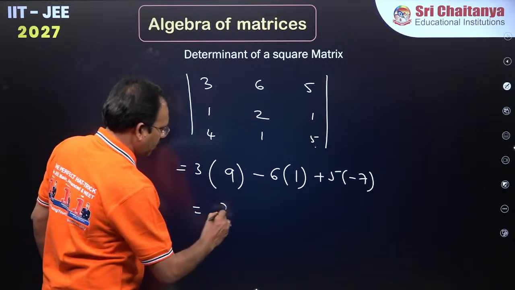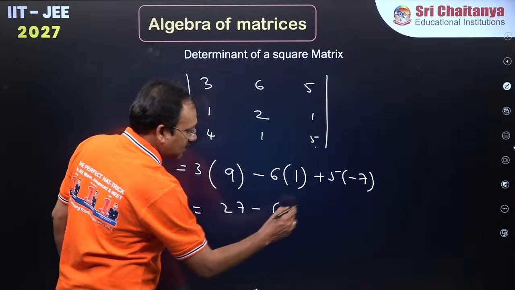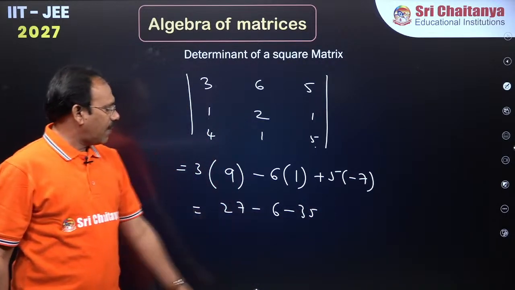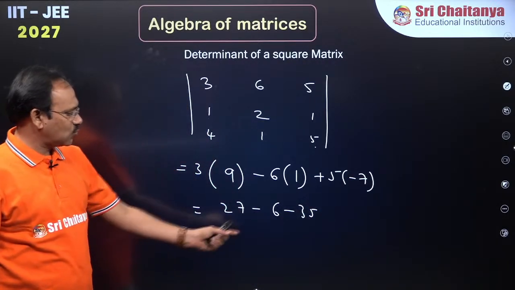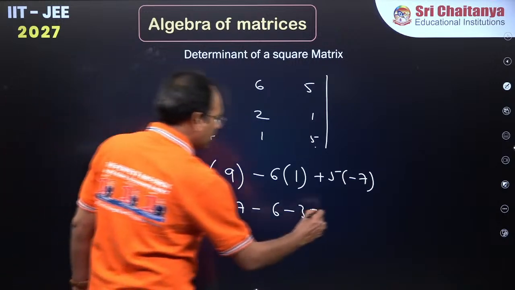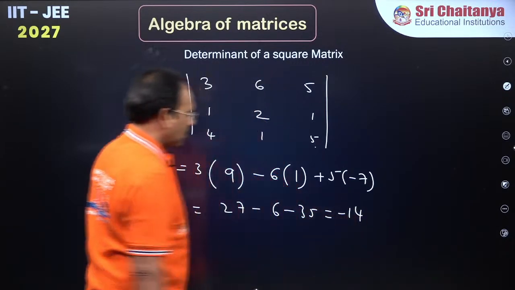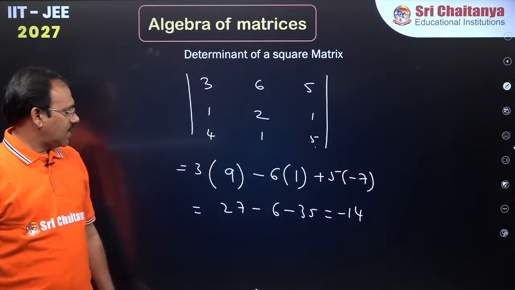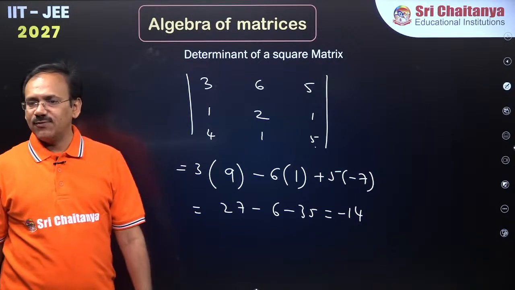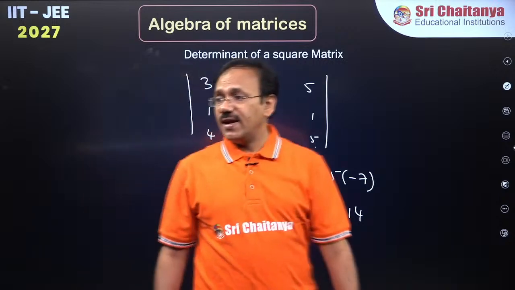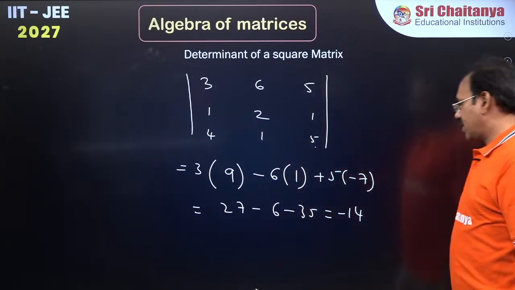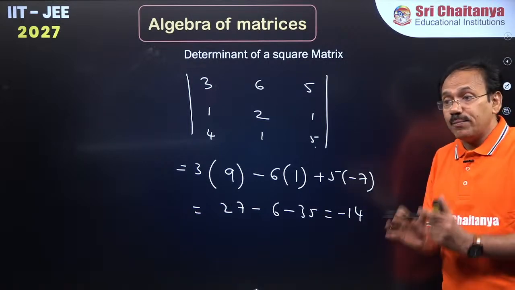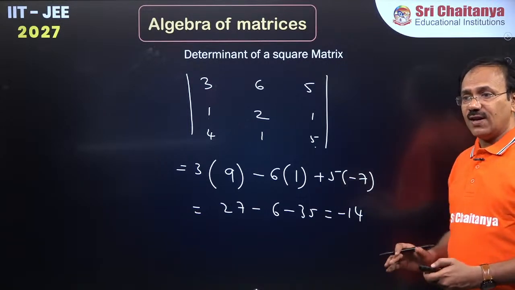Now this is going to be 27 minus 6 minus 35, which is 21 minus 35, so minus 14 is the answer, correct? So dear friends, you must know how to compute the determinant, which is very, very important.